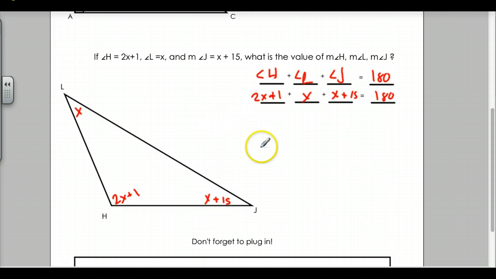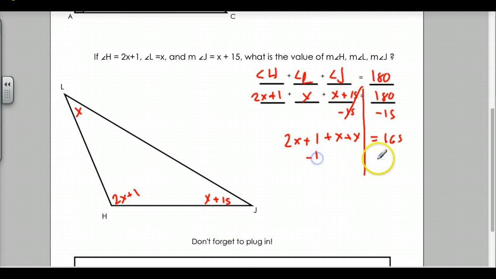So I'm going to add these all up, and what I want to do is move numbers to one side, variables on the other. If I look at this side, the variables are here, so I'm going to keep variables here. I'm going to start moving numbers over. So first let's subtract 15 from both sides. And if I do that, I get 2x plus 1 plus x equals 165.